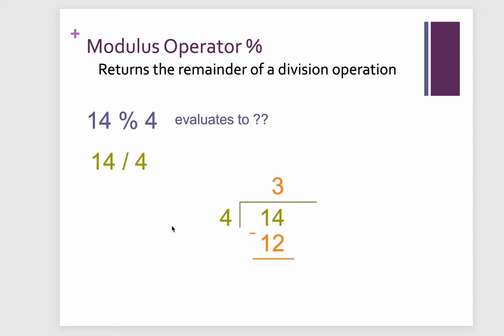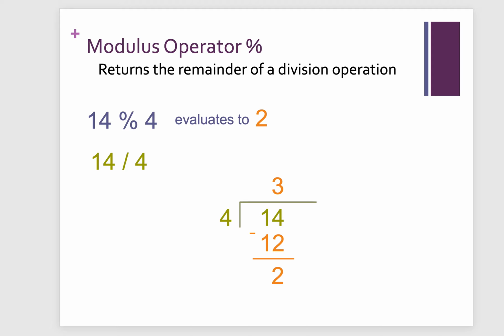If we subtract 12 from 14, or 14 minus 12, then we get 2 as the remainder. So 2 is the answer to this question. 14 mod 4 evaluates to 2. 2 is the remainder of what happens when you divide 4 into 14.